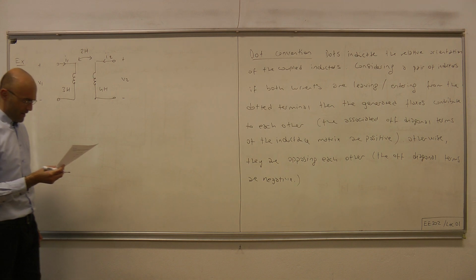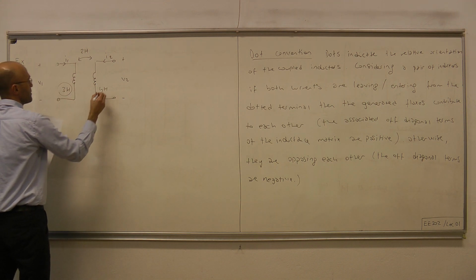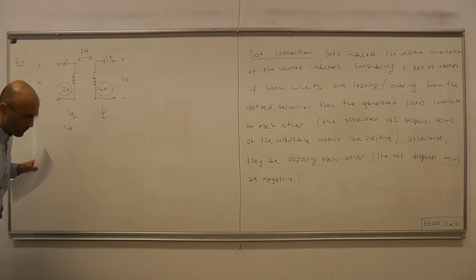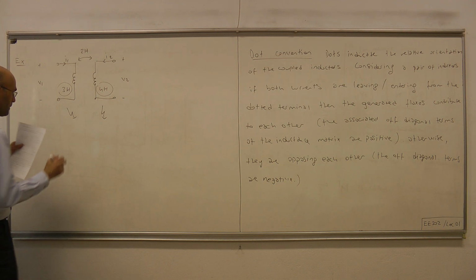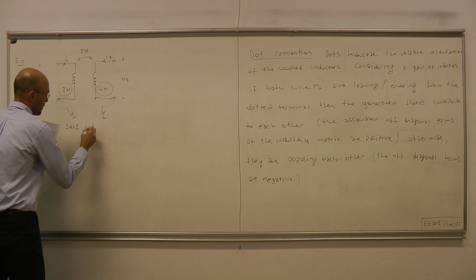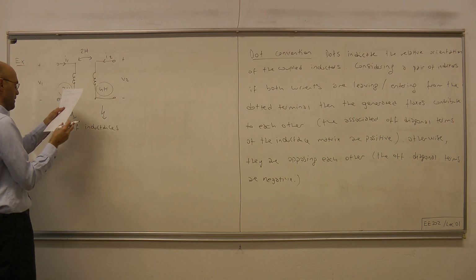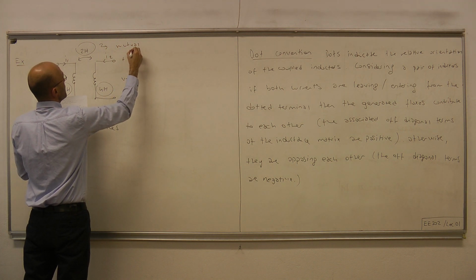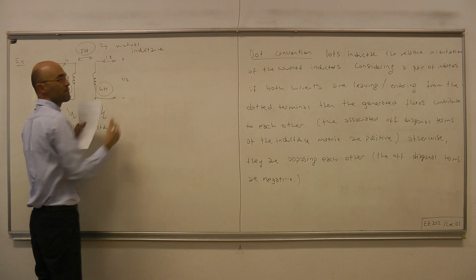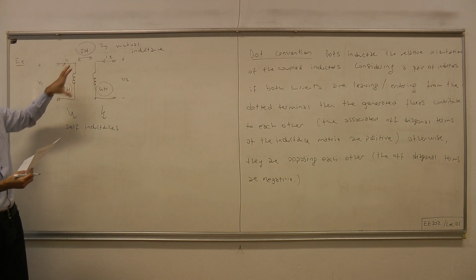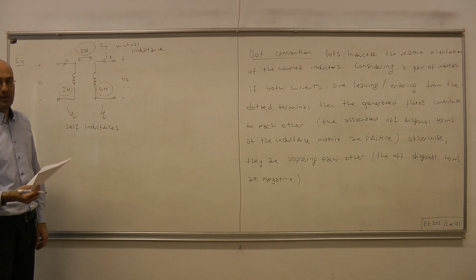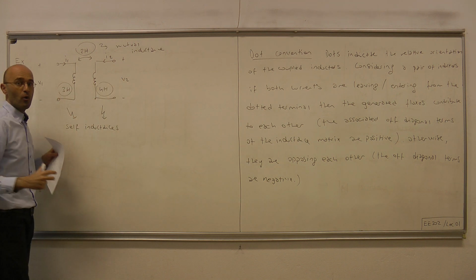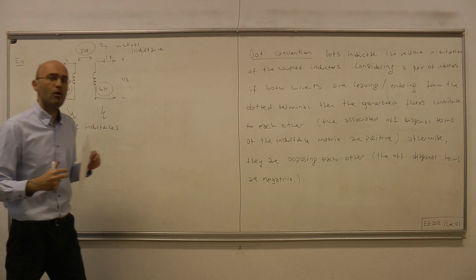So these are the self-inductances, and this is the so-called mutual inductance. With only this amount of information, we cannot determine whether the fluxes generated in separate coils are contributing to one another or opposing one another.